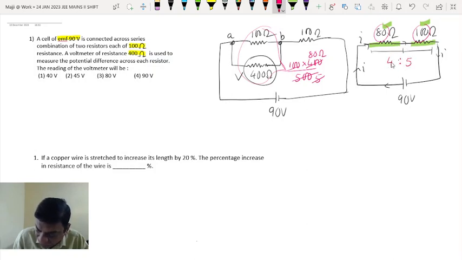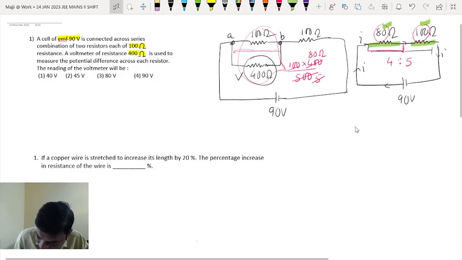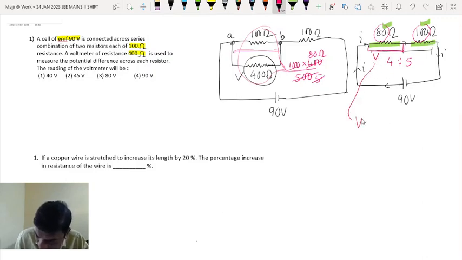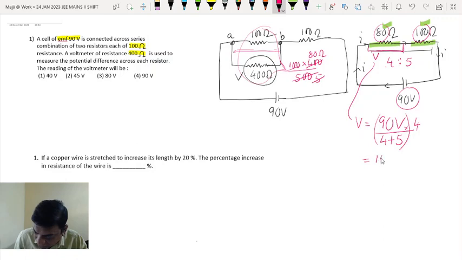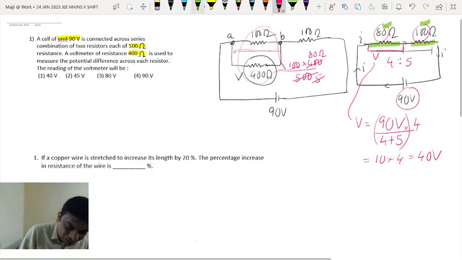So the voltage appearing across this, which is also the voltage appearing across the voltmeter, the required voltage, will be this 90 volt distributed in the ratio 4 is to 5. So this will be 10 into 4, that is 40 volt. So 40 volt is the correct answer.